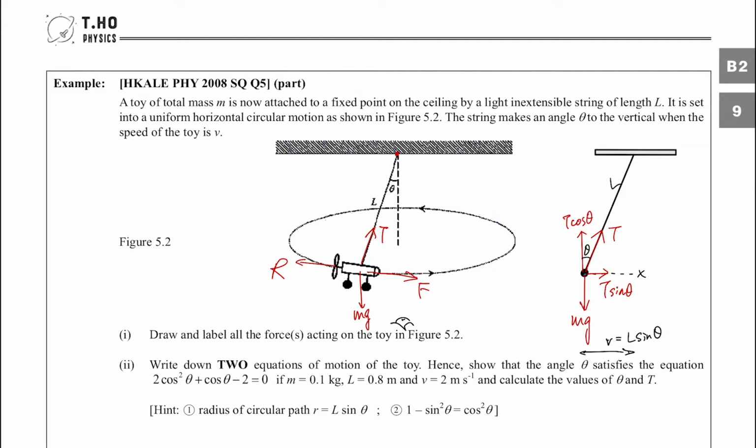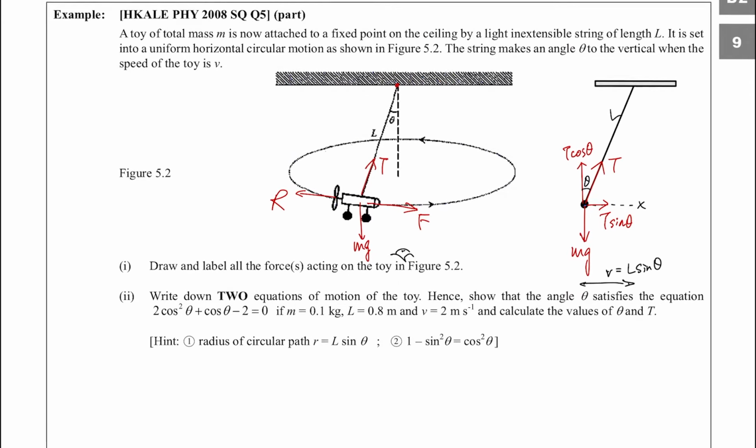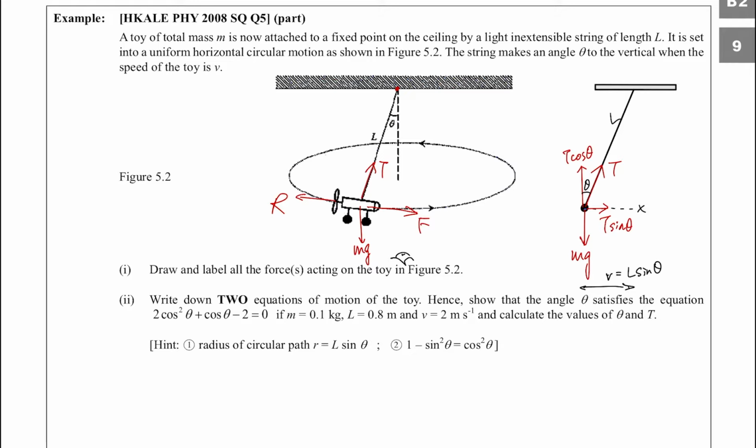Now we have the vertical line, upward force balanced by downward force. And when we look at the horizontal line, we have T sine theta, this component, that provides the necessary centripetal force. So we can write down two equations of motion based on this.